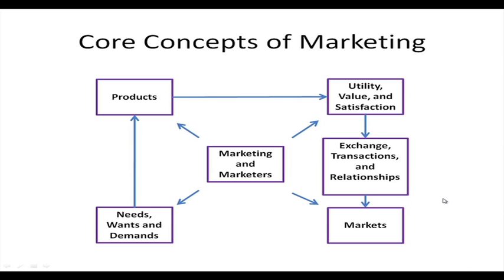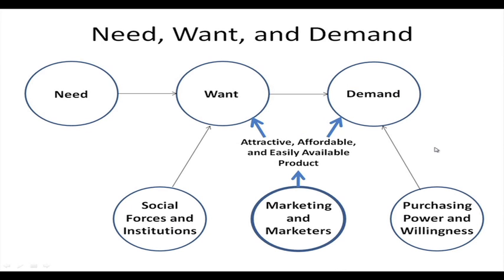The first aspect is need, want and demand. Need is the basic need of human being, but what they want can be very different from what they actually need, and that is governed or influenced by social forces and institutions, what others are doing, the social values.